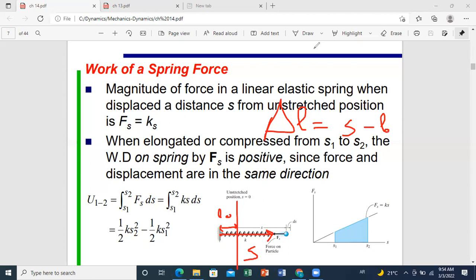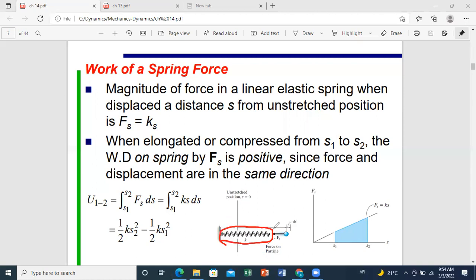According to this figure, we'll consider that S equals 0 at the unstretched position. This is why we can say that the value of S is an indication of the stretching or compression of the spring. If S is positive, the spring is stretched. If S is negative, this means I am compressing the spring. Now, I am interested in finding the work done on the spring.